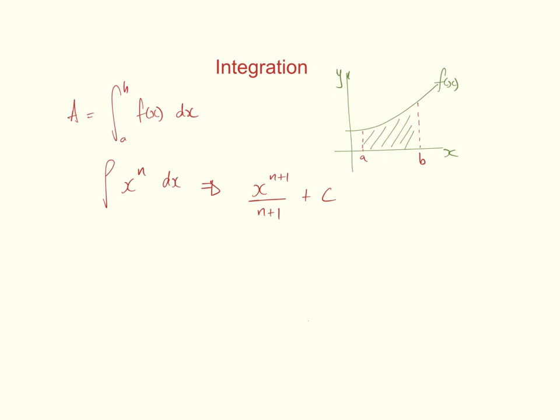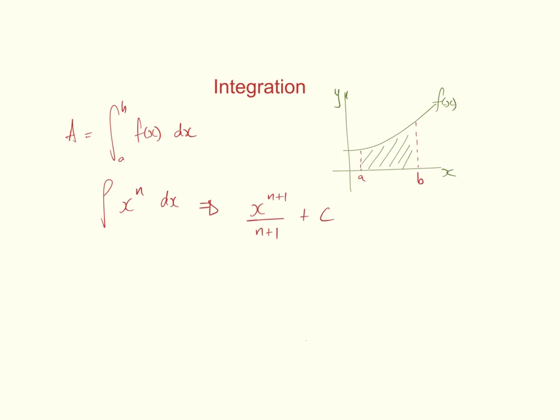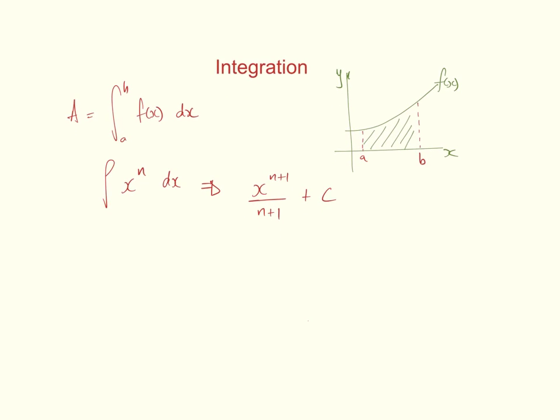So let's start nice and simple. Let's just say I want to integrate a function x with respect to x. That's just one x I've got there, okay? So if we follow the rule that's here, the power that this x has got is 1, but you don't see that power, but it's there, okay?